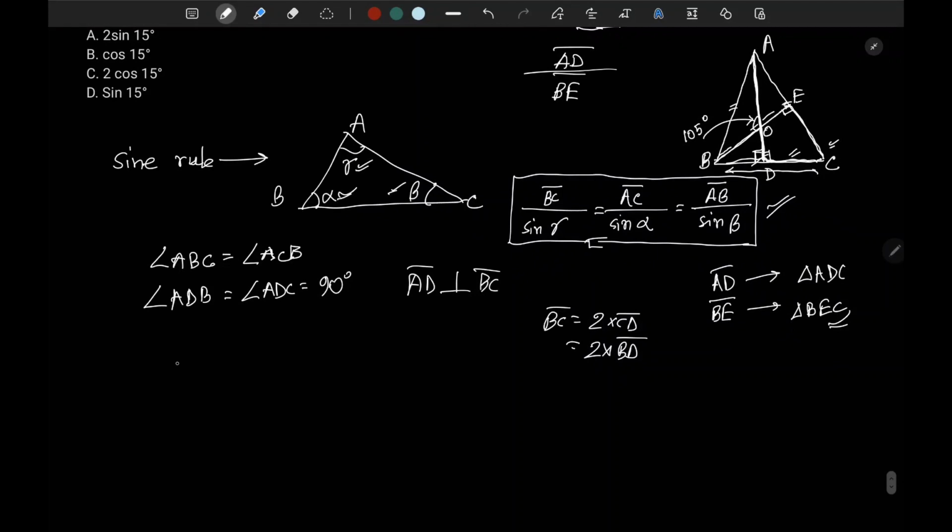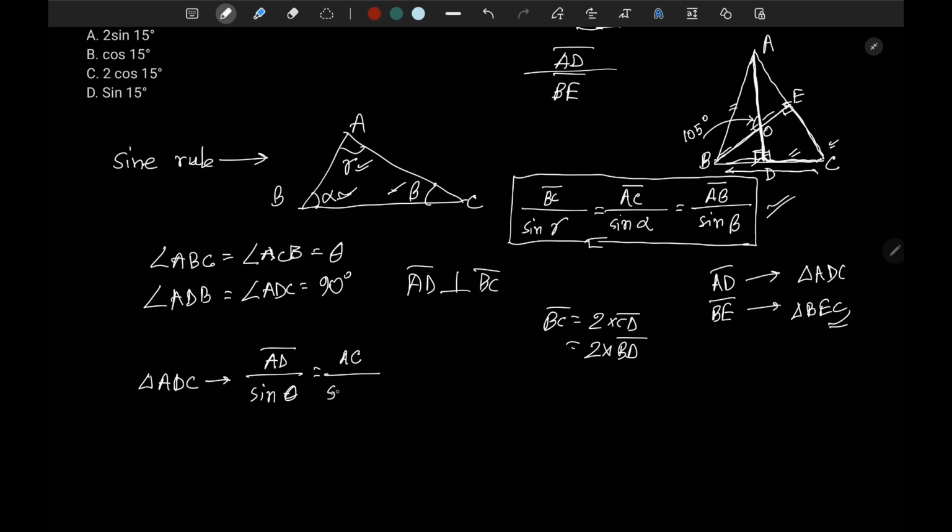Okay, fine. So let's apply sine rule. From triangle ADC, what do we have? We have AD by sine of the opposite angle. Let's name this angle theta, since angles ABC and ACB are both equal. So the opposite angle of AD is theta, so AD by sine theta will be equal to AC by sine of angle ADC, because angle ADC is the opposite angle of AC.